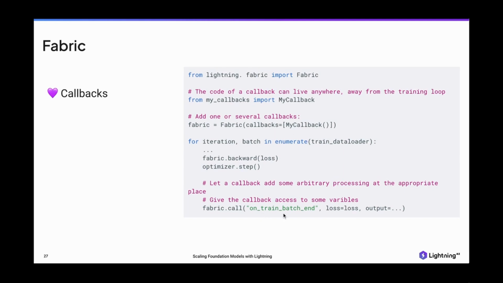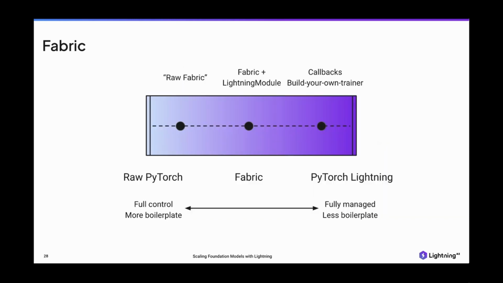And if there are multiple callbacks listening to this event and executing code as a result of this event having happened, then this will happen. And so basically, with callbacks and all this support, you can get to a point where you can build your own trainer, and we have documentation on exactly how to build your own trainer.